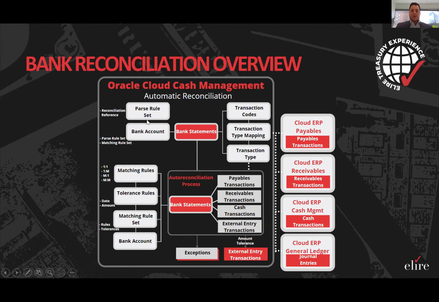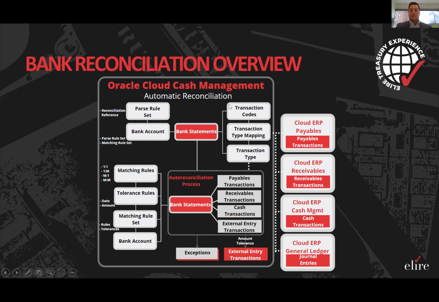So we are able to define various parse rule sets where we can move, let's say your bank passes a transaction ID in the addenda field, but really we need it in a specific field, like the reconciliation reference field, to create a match to facilitate that auto recon.